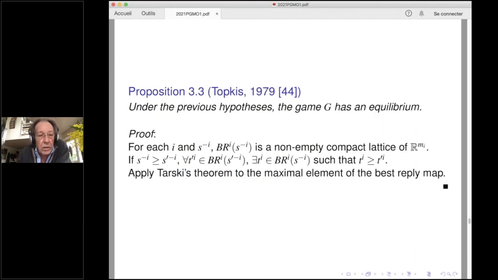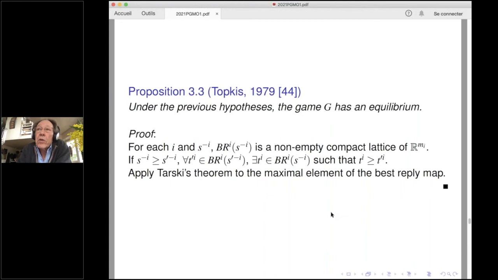The result is like this, Topkis. Under the previous hypotheses, so the game is supermodular, you have a Nash equilibrium. The proof is basically that you look at the best reply, and the best reply will satisfy the property of Tarski's theorem when you look at the maximum element of the best reply map.